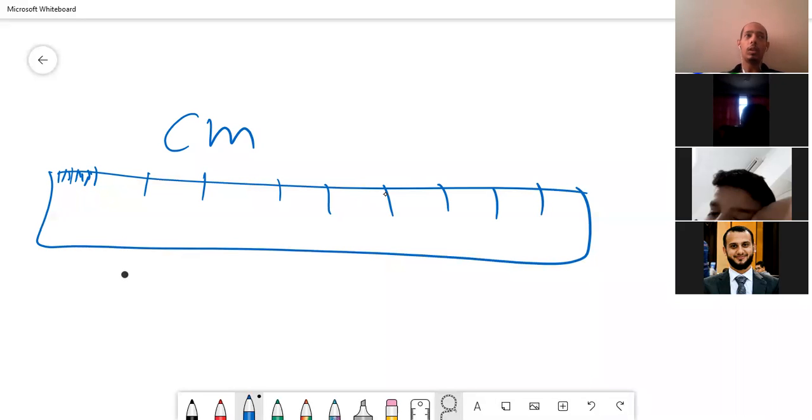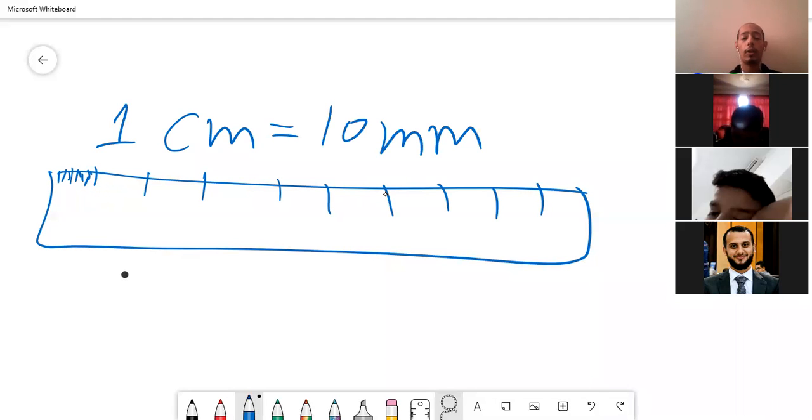Millimeters. How many millimeters? 10. So 1 centimeter equals 10 millimeters, right? How many centimeters do I need to make 1 meter?